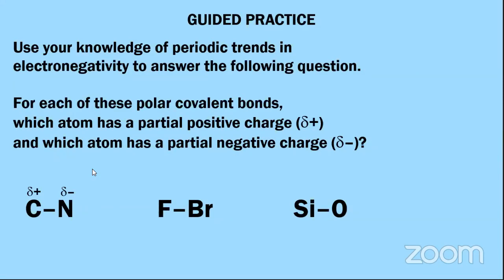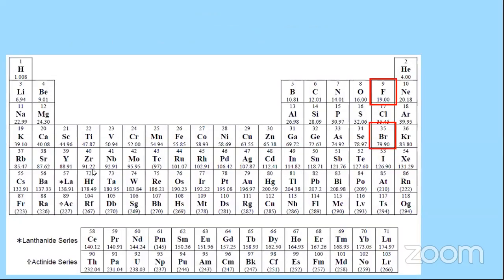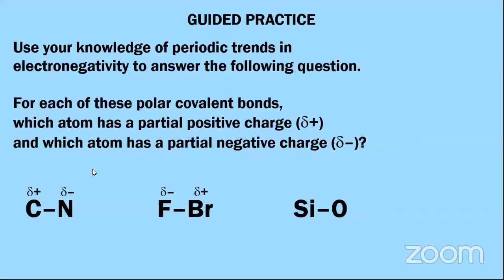Moving on to our next example of a bond, these are two elements that are located in the same group. So fluorine and bromine are in the same column. They're both halogens. So which element is more electronegative? Well, hopefully you can see that based on the trend we've been talking about with electronegativity, fluorine is more electronegative than bromine and therefore gets the partial negative charge in that bond.